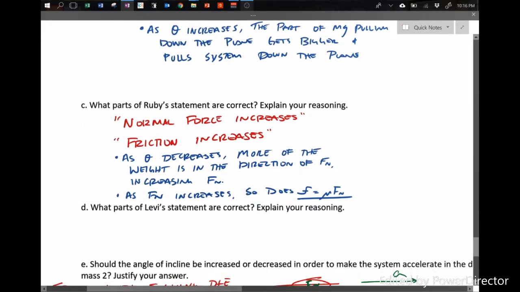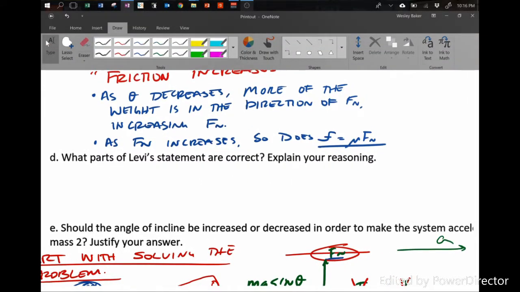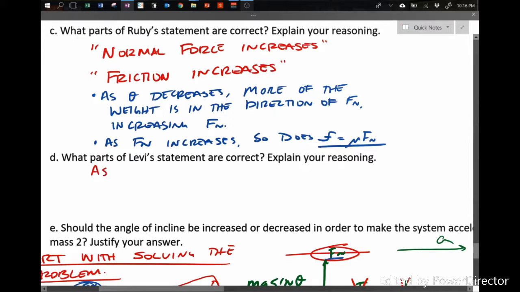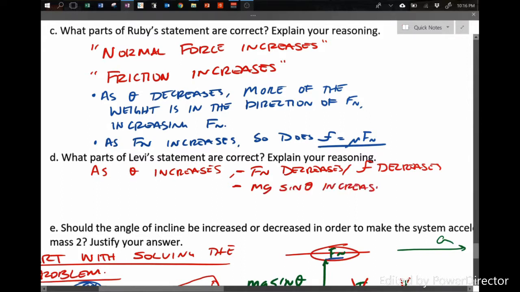And then what parts of Levi's statement are correct? That's the angle stuff, right? So as theta increases, the normal force decreases. Friction decreases. And mg sine theta increases. We saw how all that worked down here.